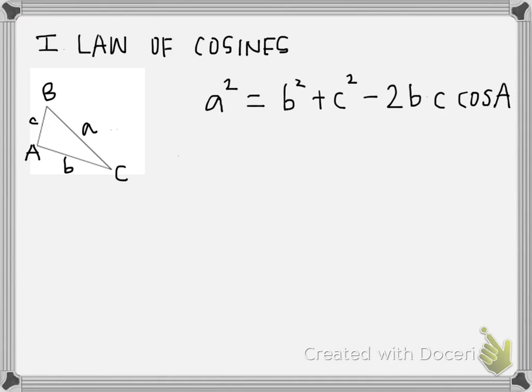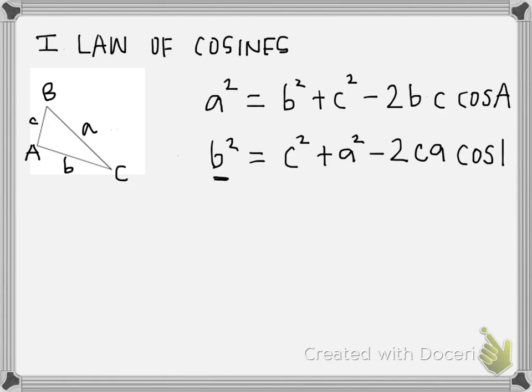If I wanted to find side B, I would find the opposite sides, so C squared plus A squared, then minus 2 times AC, or CA, whichever, times cosine of B, the angle opposite the side you're looking for.